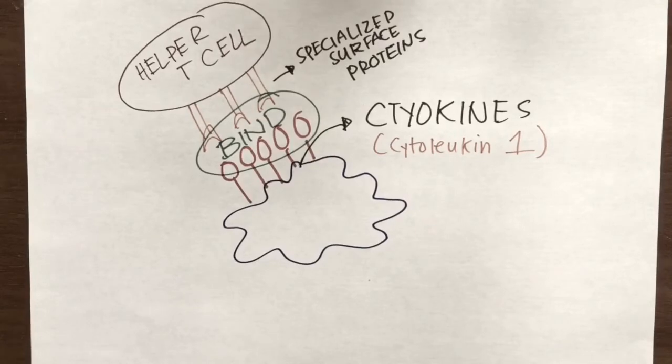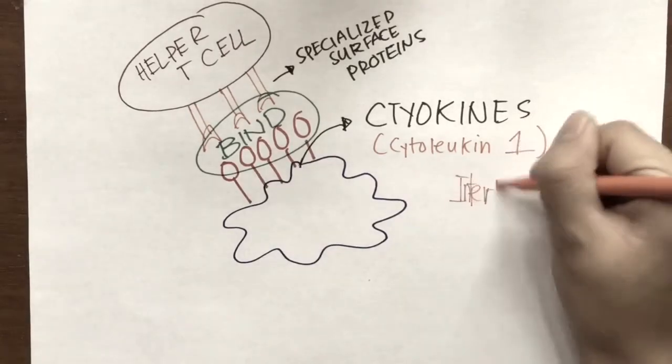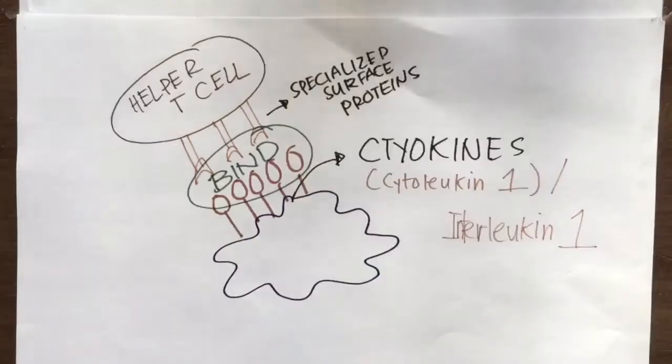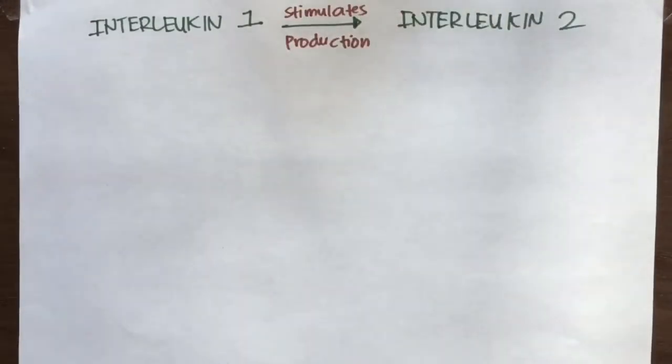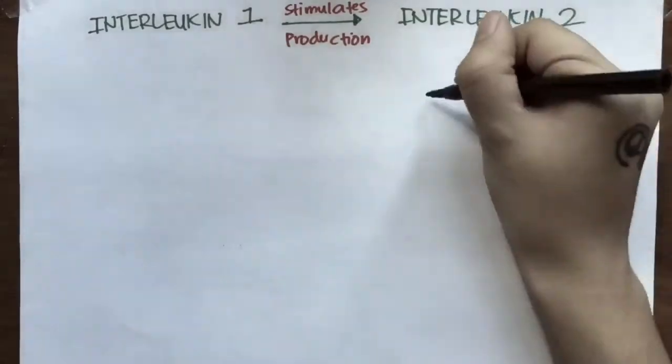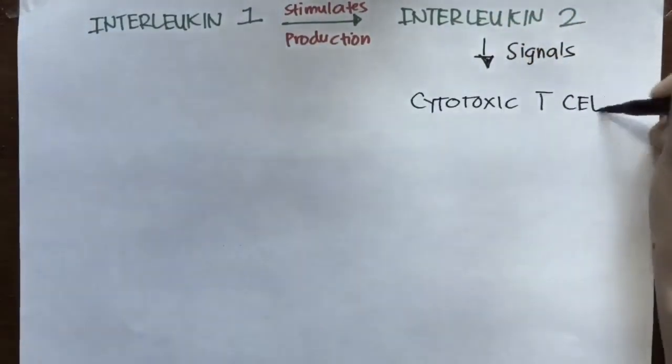In some references, this interleukin is called a cytokine. Since interleukin-1 stimulates the release of interleukin-2, interleukin-2 would then signal the cytotoxic or killer T cell to bind to an antigen-presenting cell.